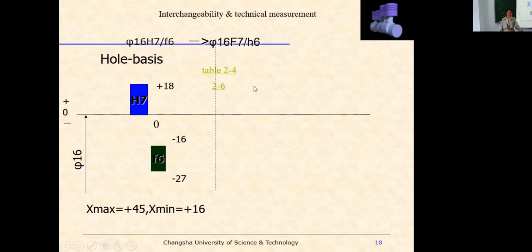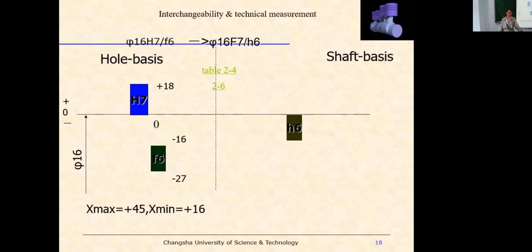So if I design the hole as F7, the grade is 7, and we use the fundamental deviation F. For the shaft H6, the ES is 0, right?